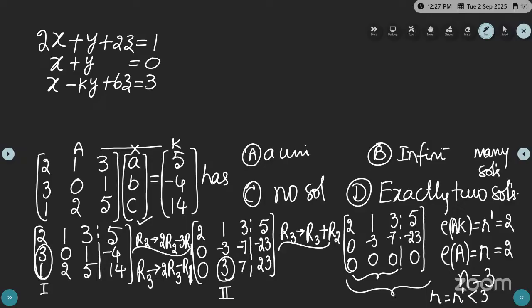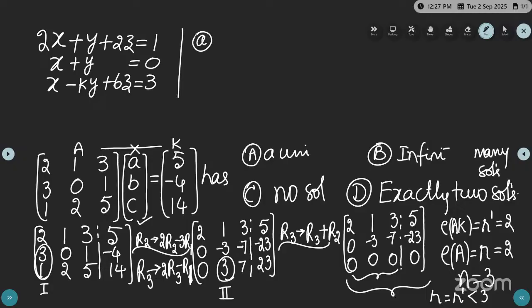Right. For what value of k is this system consistent?